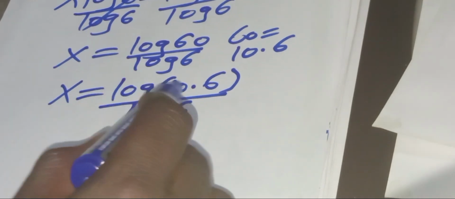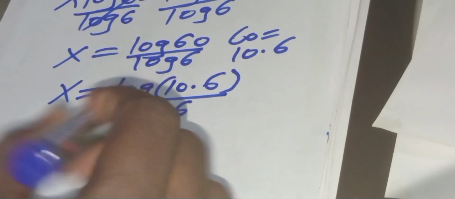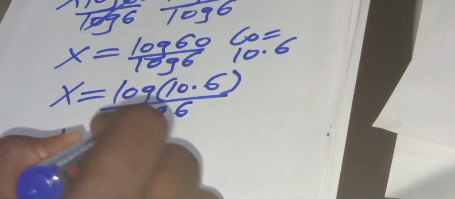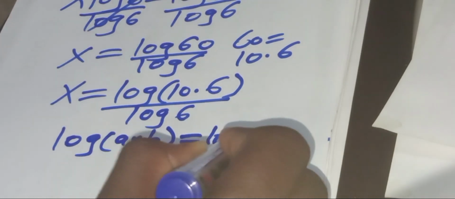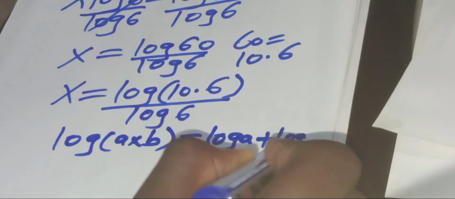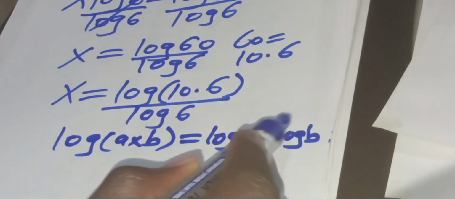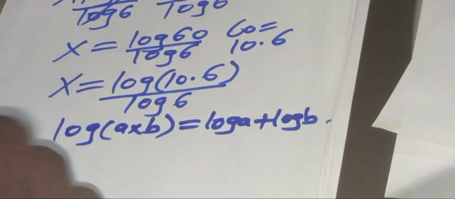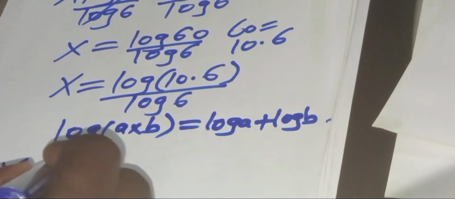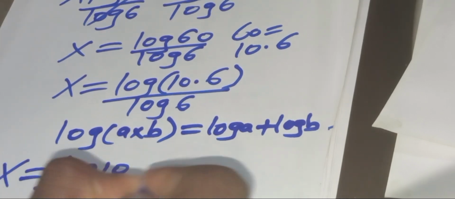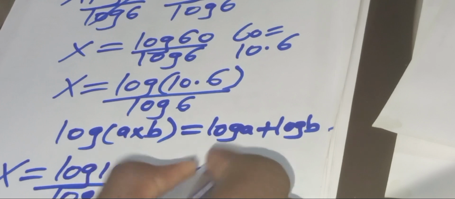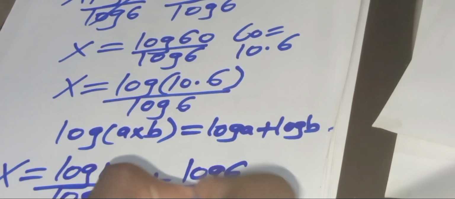So log 10 multiplied by 6 is in the form of log a multiplied by b, which you can express as log a plus log b. Now let's apply this logarithm property so that we're going to have x is equal to log 10 divided by log 6 plus log 6 divided by log 6.